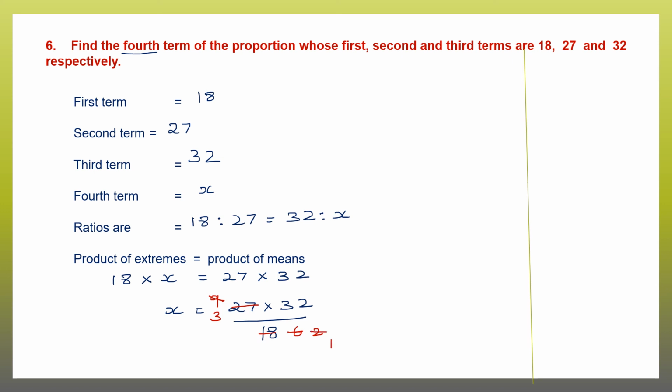So 2 1s are 2 and this is 16. Now what do we have left in our numerators? 16 into 3. 16 threes are 48. And in the denominator we have 1. 48 by 1 is 48. So now we have found our fourth term. Our fourth term we wrote as x, and x we just found out is 48.